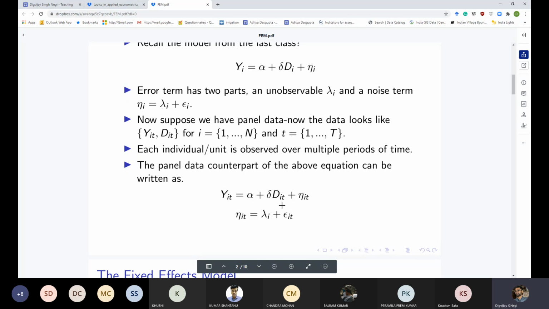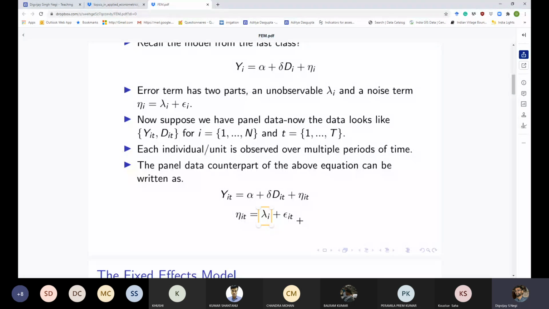We'll have y_it, d_it, eta_it, where i denotes the individual, the unit, and t denotes the time period. Similarly, the composite error will also have a t subscript now. But what we are assuming here is that this lambda i, the unobserved variable, does not have a time subscript, meaning lambda i just varies across individuals but does not vary over time.